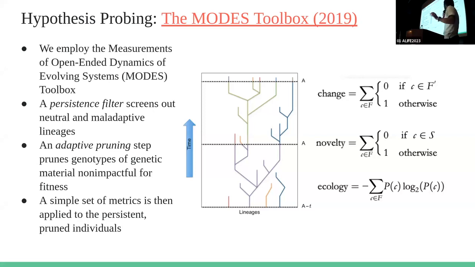So we use a persistence filter to screen out neutral clades and maladaptive lineages to only focus on the adaptive lineages that persist over time. And then the second main component is an adaptive pruning step in order to prune those existing genotypes into the elements that are most essential for fitness.